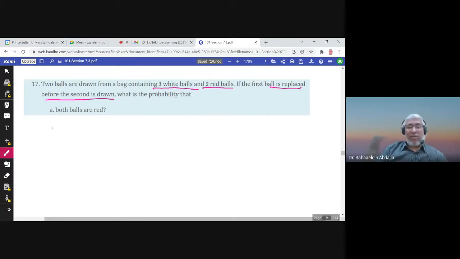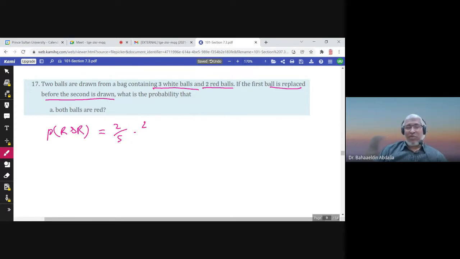So what is the probability that the first ball is red? So red intersection red, or red and red. So the probability that the first is red: how many red balls are there? 2 out of 5. What is the probability that the second is red, given that the first is red?